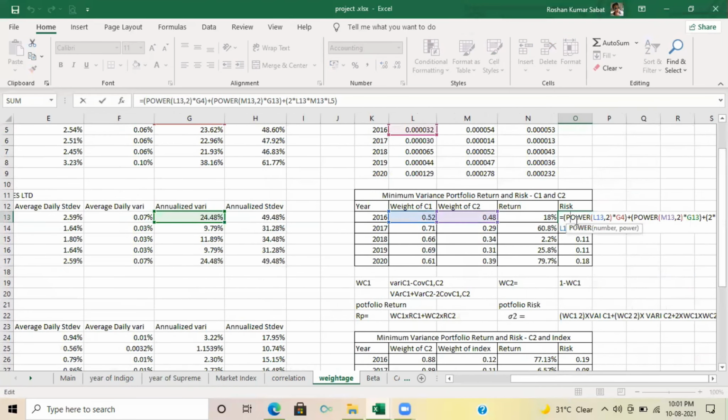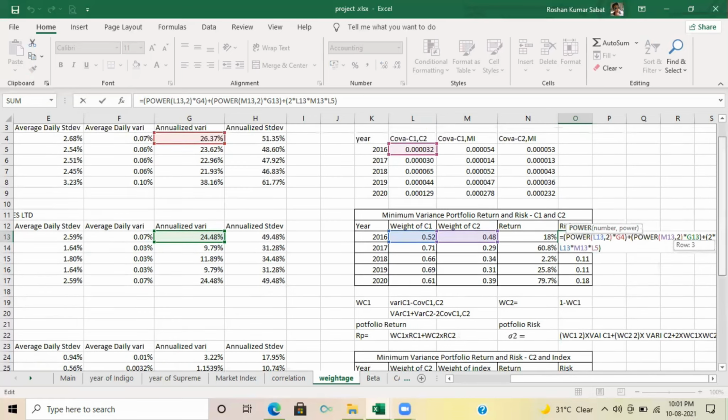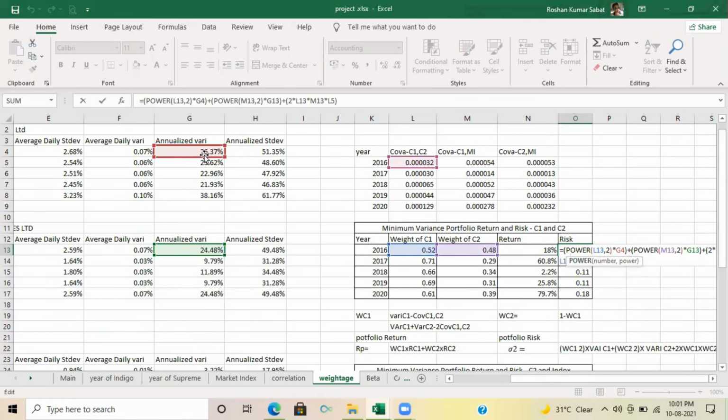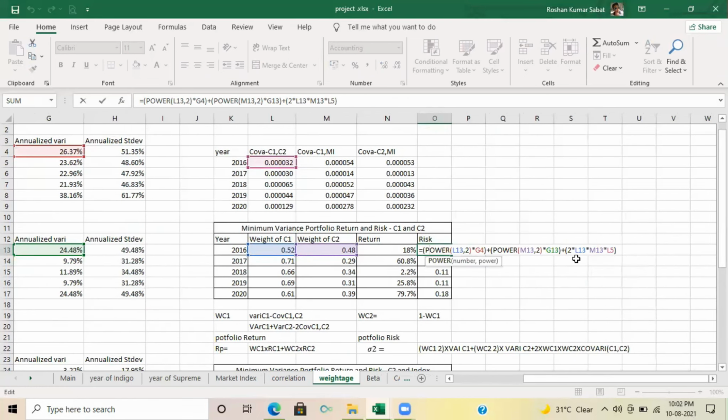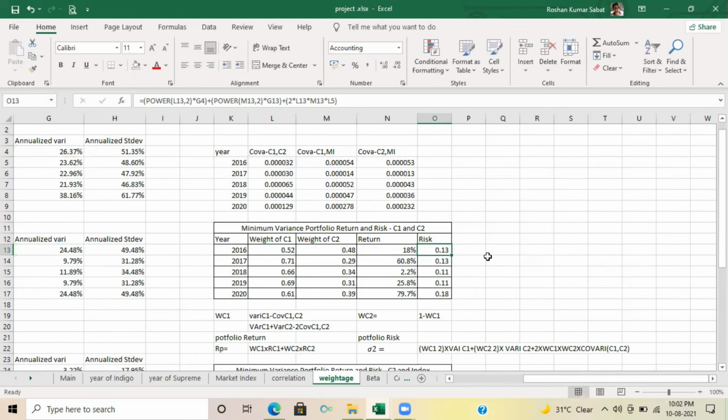I use the power for the square of the weightage of C1 into the annual variance of C1, plus the power of the weightage of C2 into the annual variance of C2, plus 2 into weight 1 into weight 2 into the covariance of C1 and C2. By this, you can calculate it from 2016 to 2020.